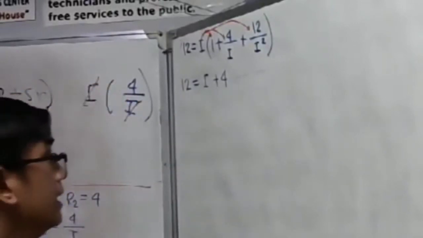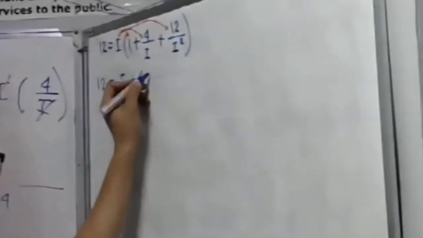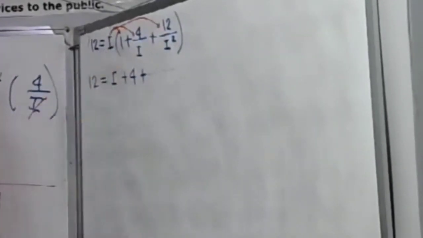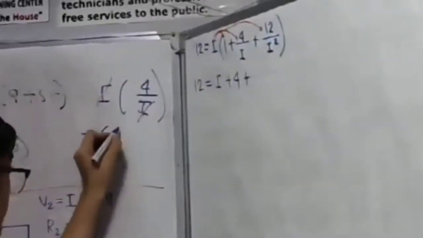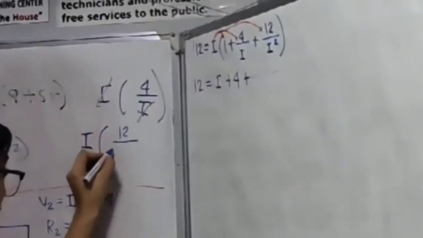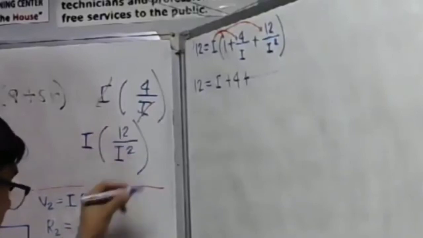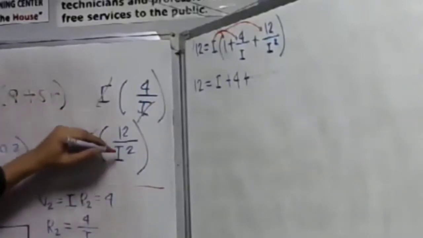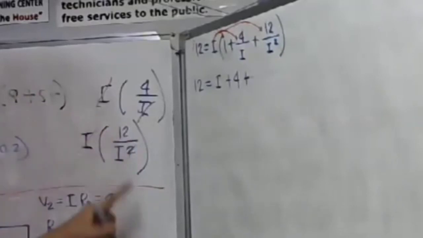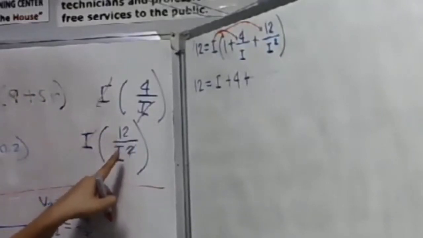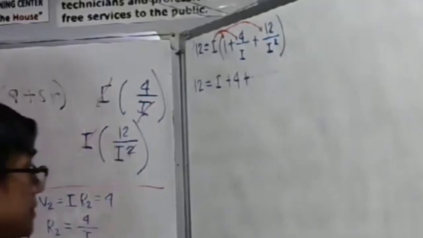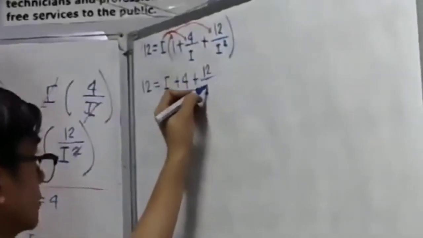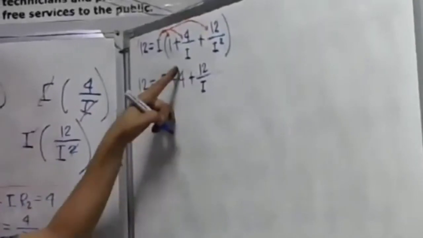Now, plus, what about here? We have I multiplied by 12 over I squared. By algebra, this is I, this is also I. You have to cancel one I. So that will become 12 over I. Let us transpose 4 here.